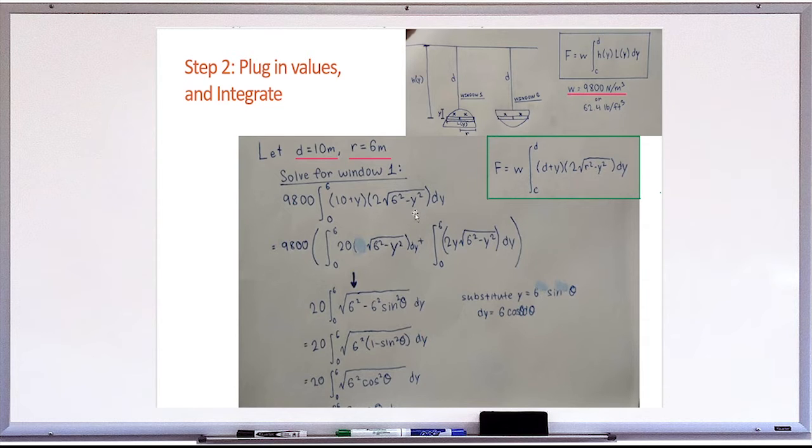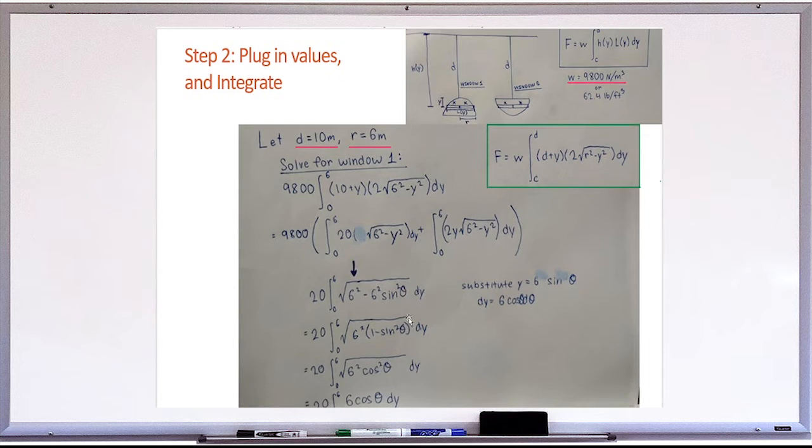First, we'll deal with this section here, so we'll bring it down here. It has a square root and it has two values that are squared, so that means we can use trigonometric substitution. Y becomes 6 sine theta, and then we can simplify that further until we get 6 cosine theta.